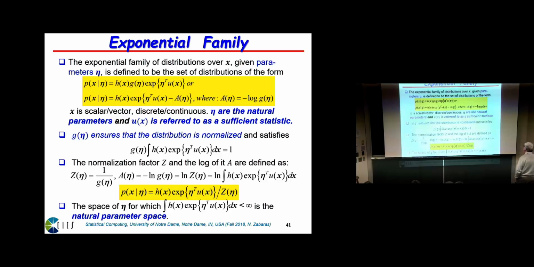We define a few more different forms of this equation on the top by introducing a to be minus the log of g. So if you put this inside, you get minus a of eta inside the exponential, and we define the normalization factor 1 over g, and so a is minus log of g, which is log of zeta. So you can write this in various different forms. This is probably a common form as well, but they're all the same.